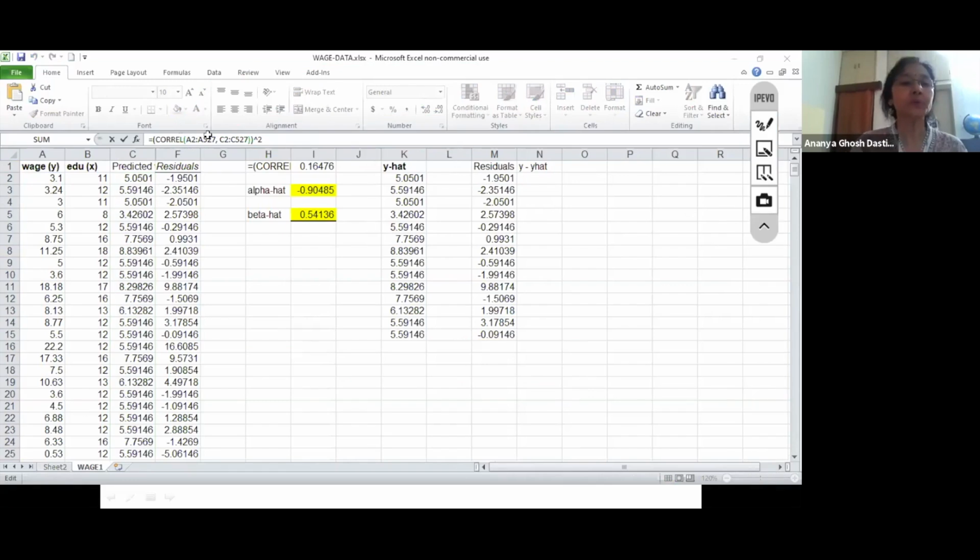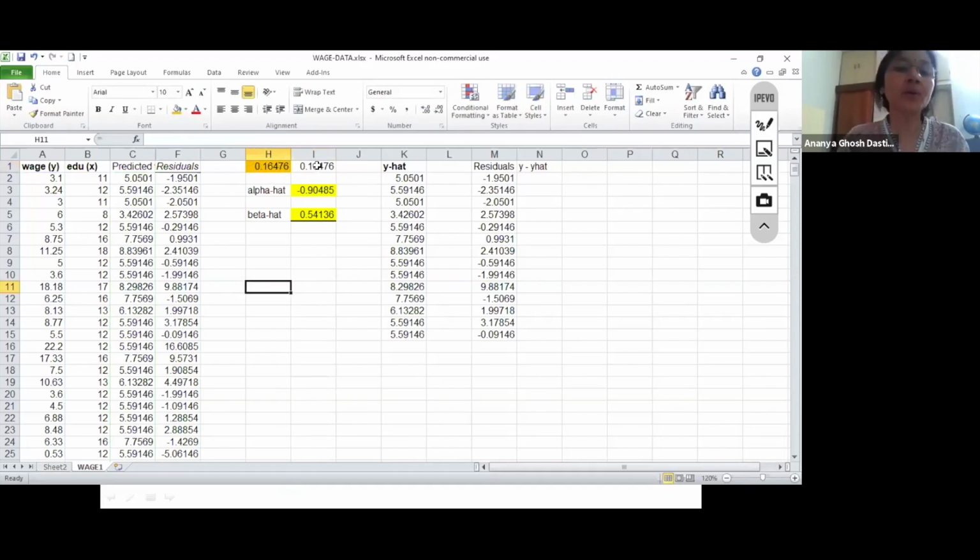Once I take the correlation between wages, which is y, and y hat, what do I get? I get exactly 0.16476. What I have highlighted in yellow shows that when you take the correlation between the predicted values y hat and the original dependent variable y, you get 0.16476.